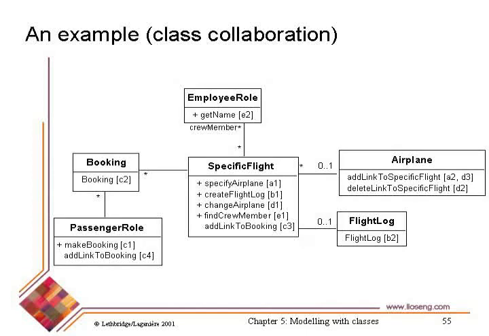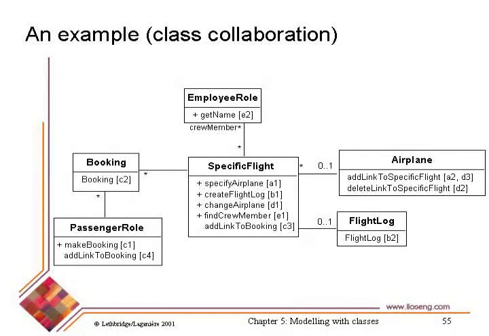Somewhere we have C1. Down in passenger row we have C1. Make booking is a public operation for the responsibility of making a booking. That is going to make use of a couple of other things. It's going to make use of C2, the constructor of booking, and it is also going to make use of C3, add link to booking.